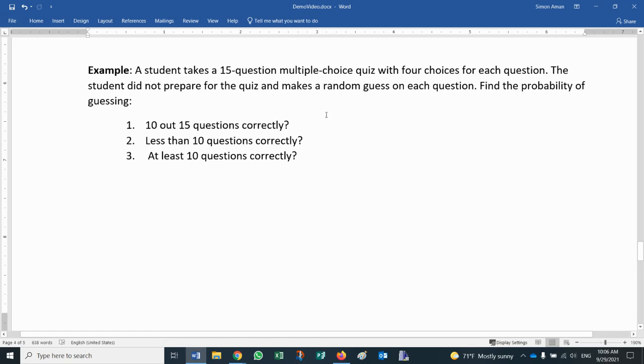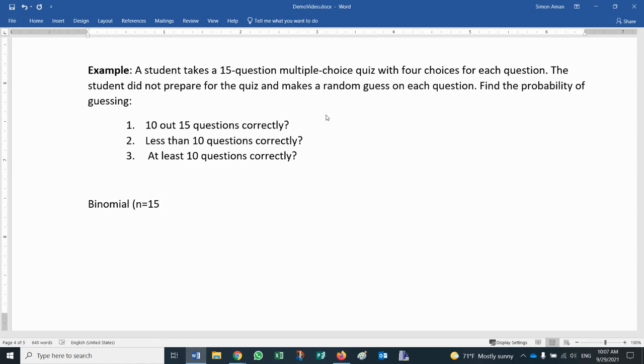Now, this follows the binomial distribution. There are 15 questions, so the number of trials is 15. And the probability of success, which in this case is correctly guessing, because the student is randomly guessing, that's 1/4, 1 out of 4, or 0.25. So this is a binomial distribution. And we have n, the number of trials, so there are 15 trials.